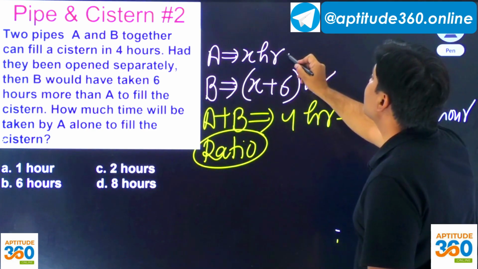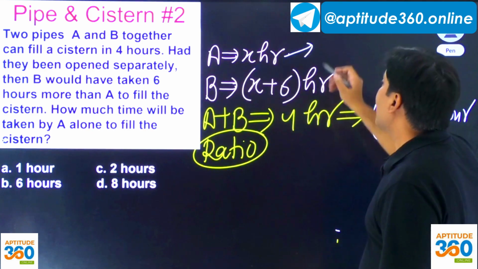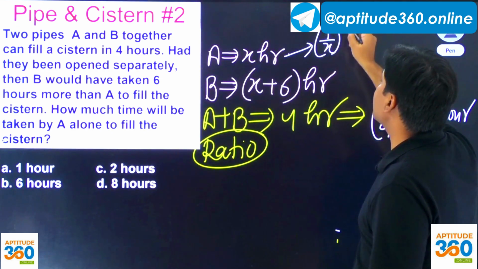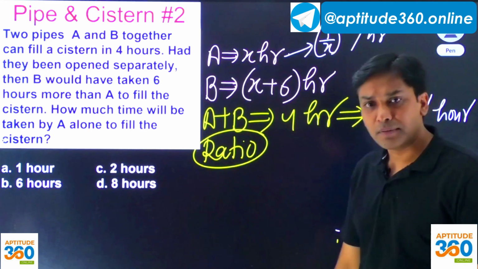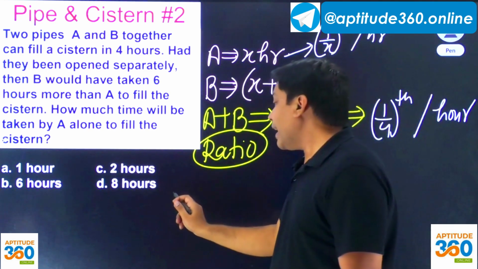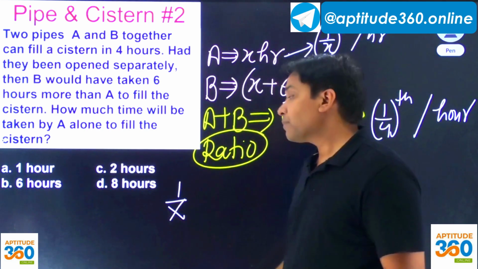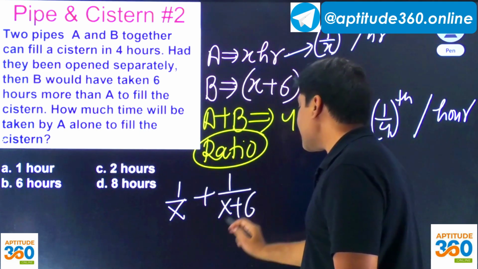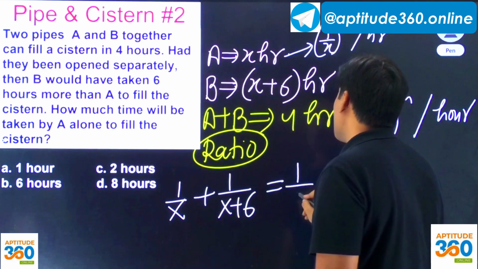And since A can fill in X hours, तो 1 घंटे में कितना भरेगा? 1/x of the capacity in 1 hour. ये तो आपने सीखा हुआ है ना, राइट? तो अब A अगर भरेगा 1/x in 1 hour, तो B कितना भरेगा? 1/(x+6) in 1 hour. And collectively this is given to you as 1/4.